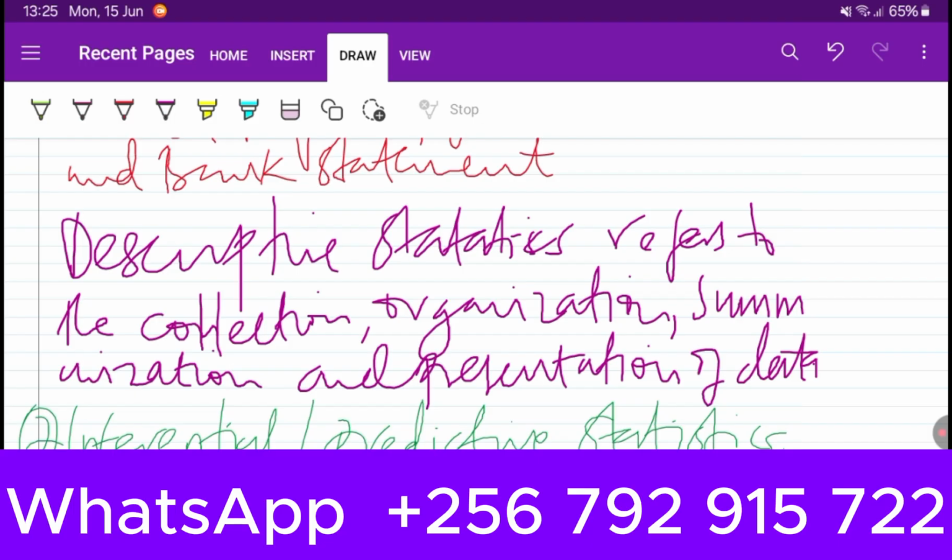Now, let's look at the other category of statistics, because as I said, there are two types or branches of statistics, and we said one branch is descriptive statistics, which deals with how data can be described in a meaningful and understandable way to the different stakeholders or users.